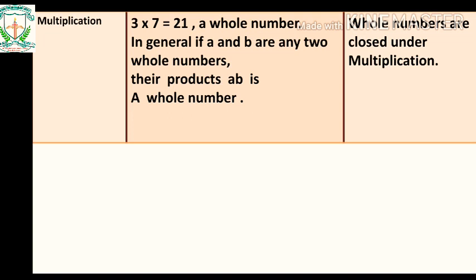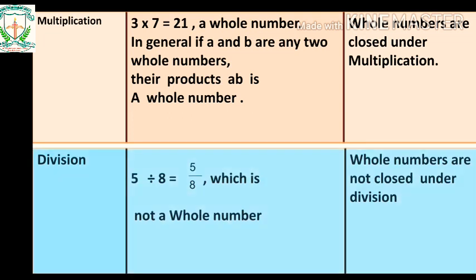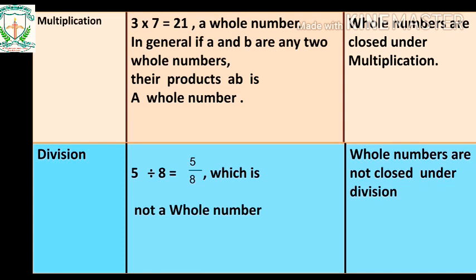Next one is closure property for division. Lastly, let us take division. When we divide two numbers, let us say 5 divided by 8, we are going to get 5 upon 8. It's not a whole number. It is a fraction, which is a rational number.